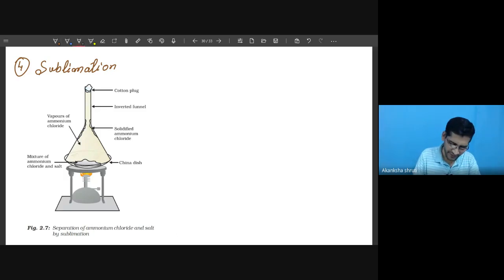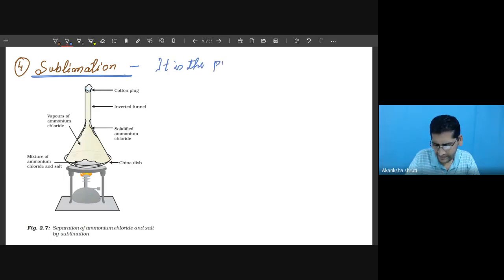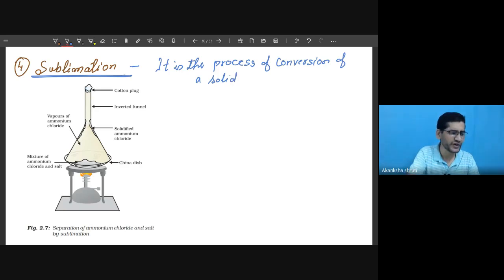For the definition of sublimation, you have to write: it is the process of conversion of a solid directly into vapor without going to liquid.